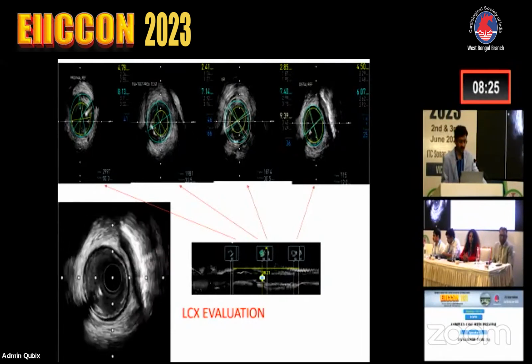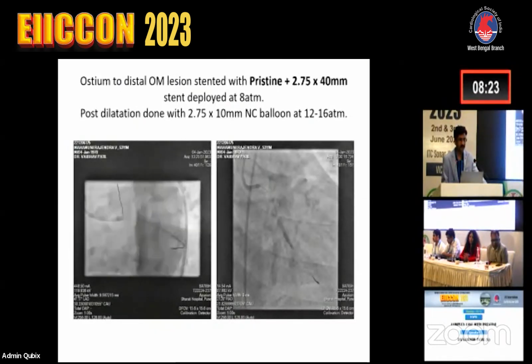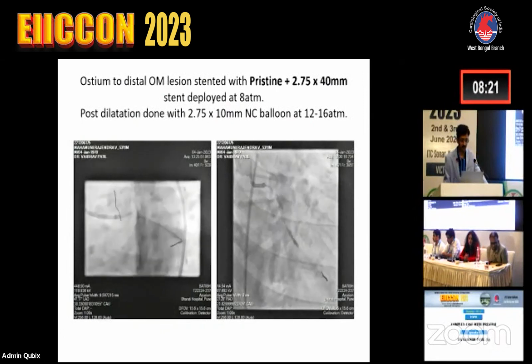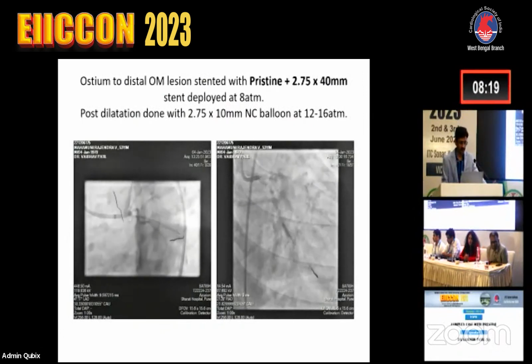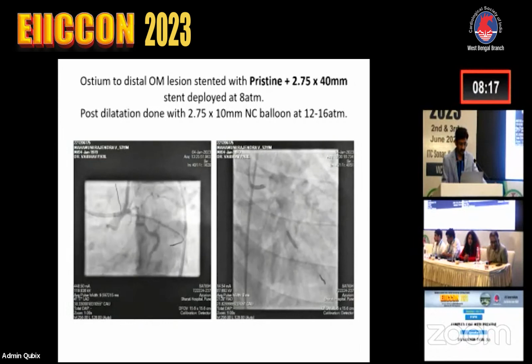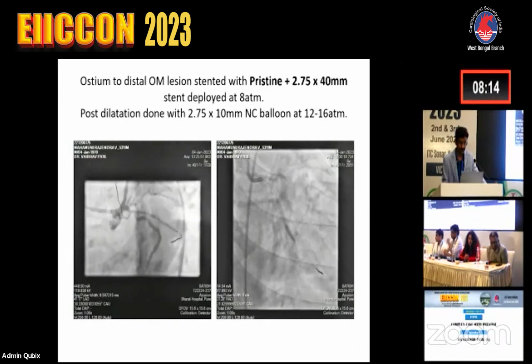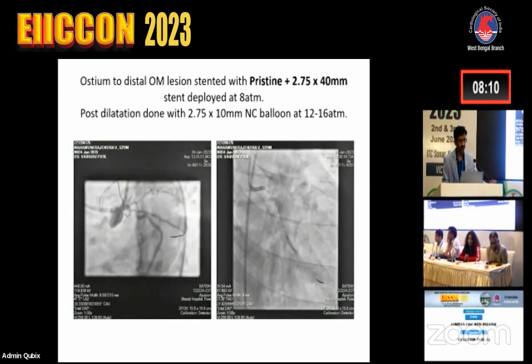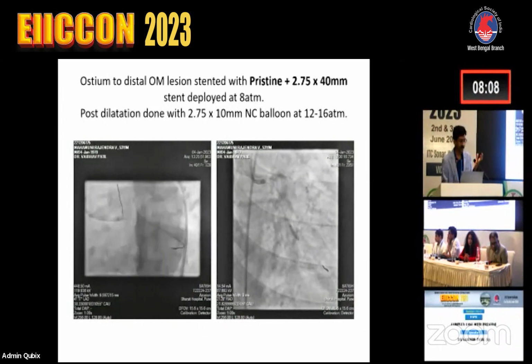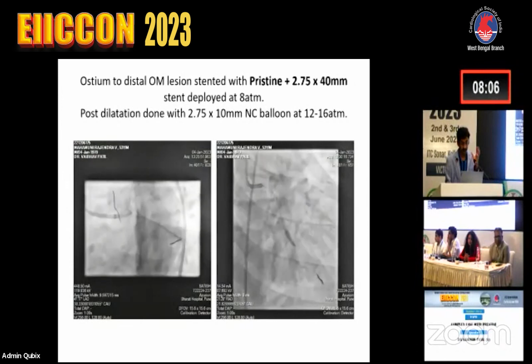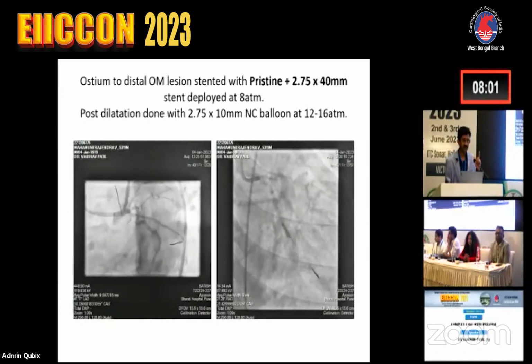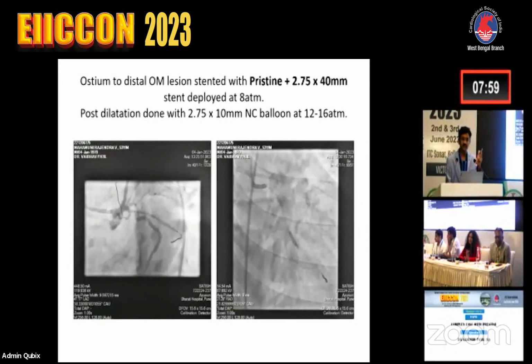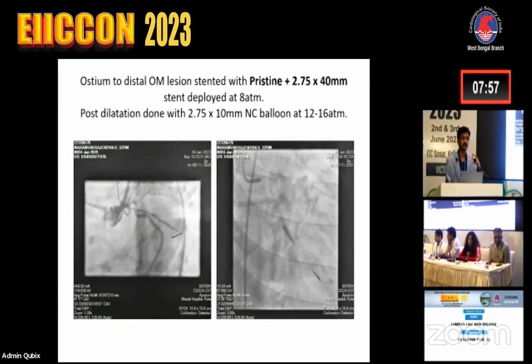So I was skeptical of that. So I have taken a Pristine plus 2.75 into 40 millimeter at the OM level, overlapping with the previous stent. So I come to know the exact anatomy of the previous stent, why it was instant restenosis, that is one thing. And another thing was what the next stent's diameter and length should be.